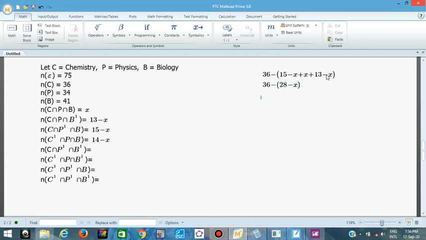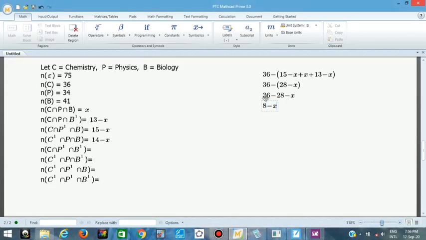Then the next step is 36 minus, when you open the bracket, minus 28 minus x. Then finally, 36 minus 28 will give us 8, so it's going to give us 8 minus x.